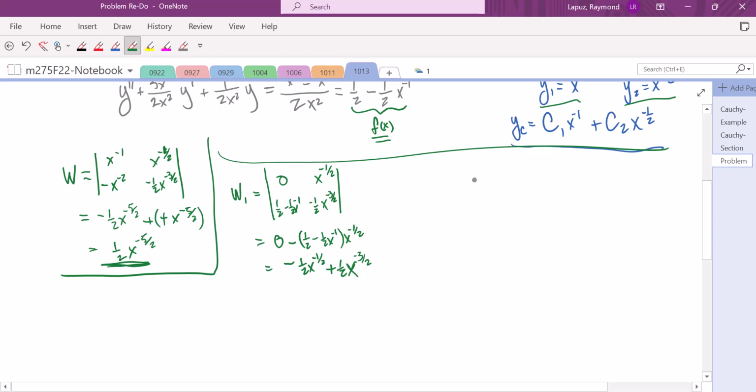and then we move on to our W2, which is going to be the first column of the Wronskian, and then 0 and the f of x.